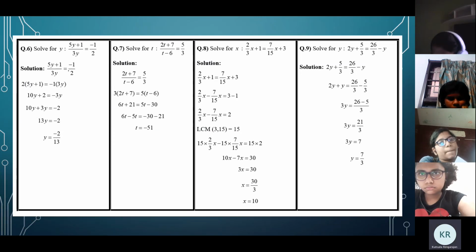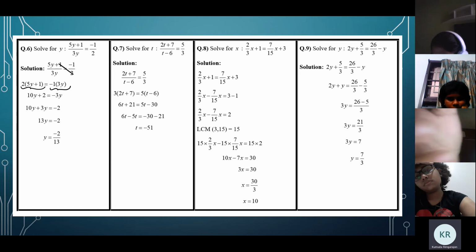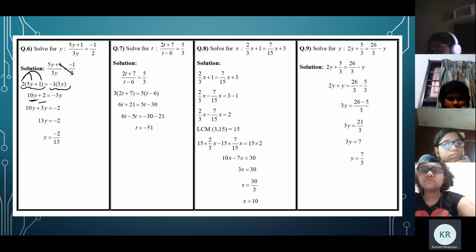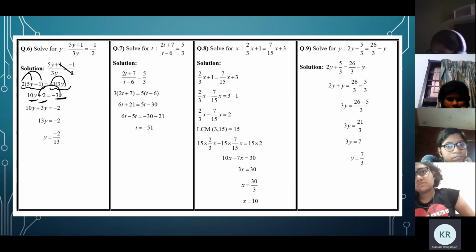Okay, so 2 into 5y plus 1 is equal to minus 1 into 3y. So 2 into 5y is 10y, 2 into plus 1 is plus 2, and minus 1 into 3y is minus 3y. Now transpose. Minus 3y will come to the left hand side as plus 3y. 10y plus 3y.